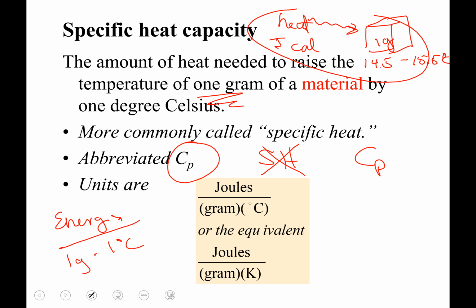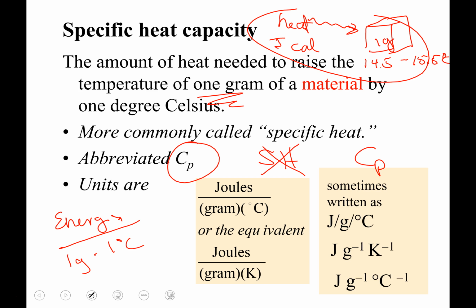This is my favorite way to write units of specific heat, but fortunately or otherwise, these are also units of specific heat. These kind of get on my nerves. We're all about factor label, making things cancel that need to cancel, being left with units of things that don't cancel. I don't like this as well as this, okay?